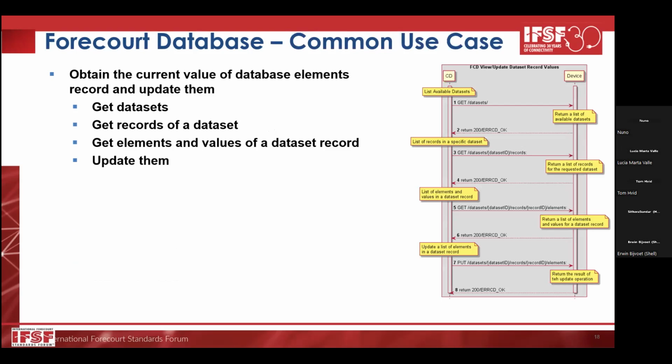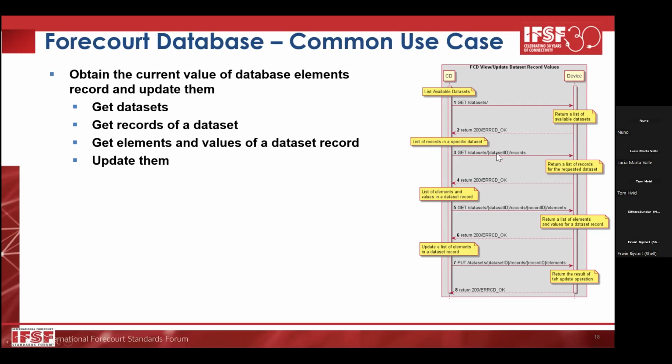So let's see a common use case for this. First I will show it here in the workflow, and then I will show it in practice. There are APIs that, for example, allow you to get the list of data sets. By running a get dataset, you will get the complete list of available data sets and all their information. Then you can also get the records of a specific data set.